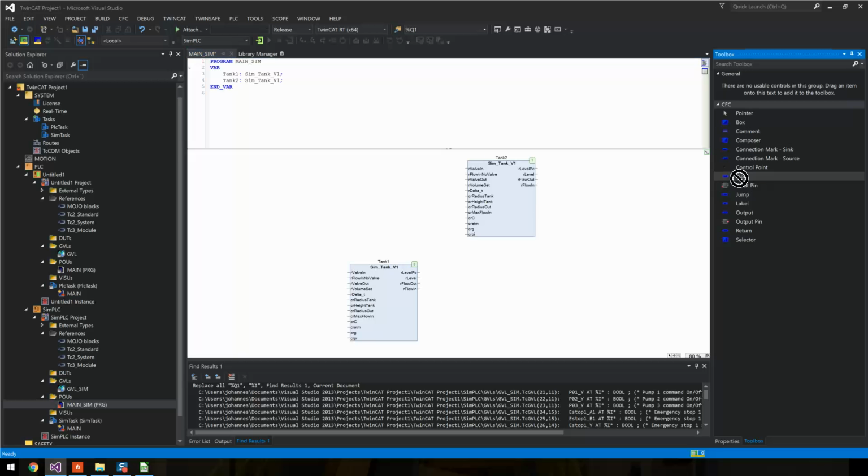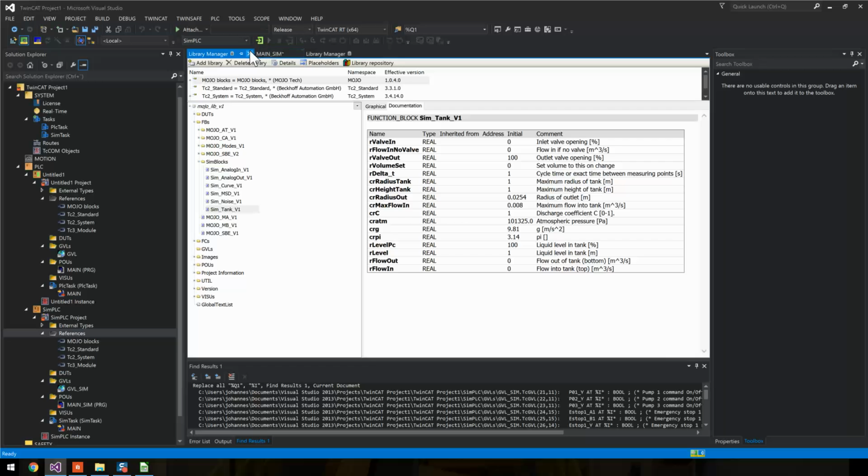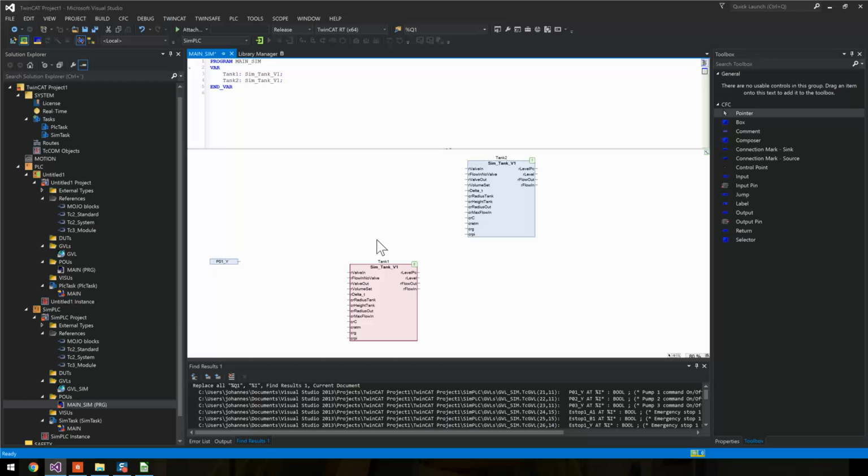Now let's see if we can use this one. So if we turn on pump 1, there should be some kind of flow going out of the tank. So let's take a look inside this one. Oh, it's a compiled version, so we can't look inside.